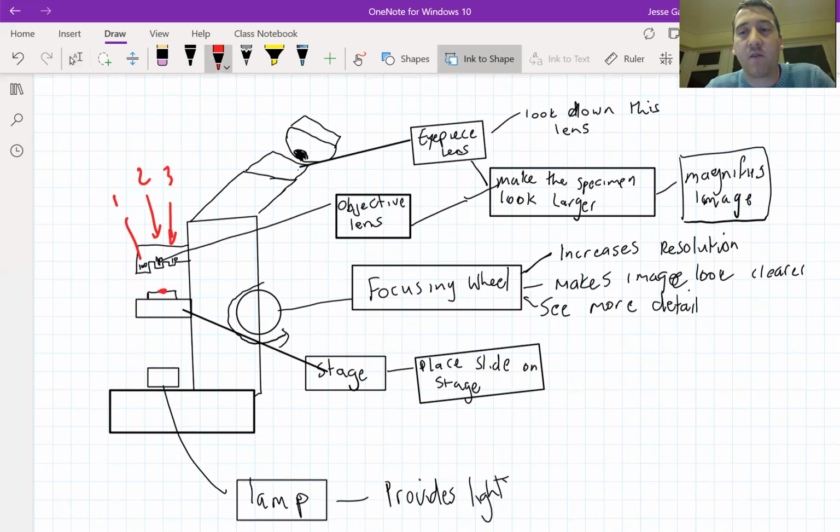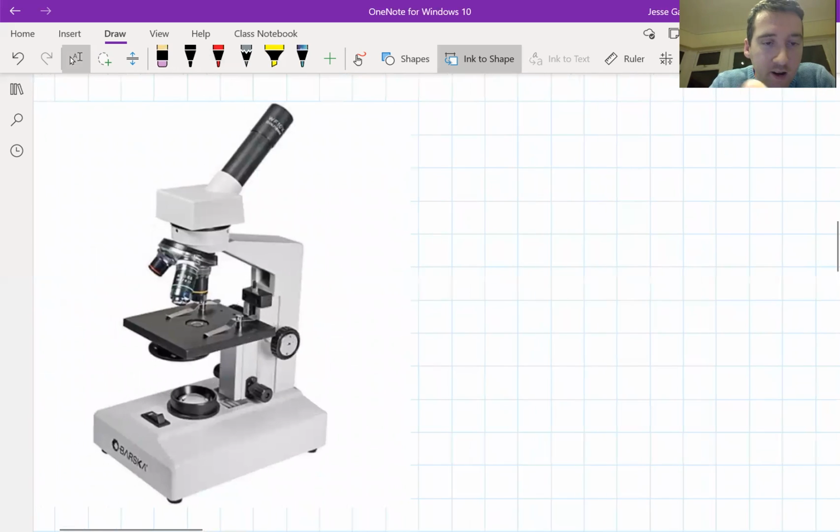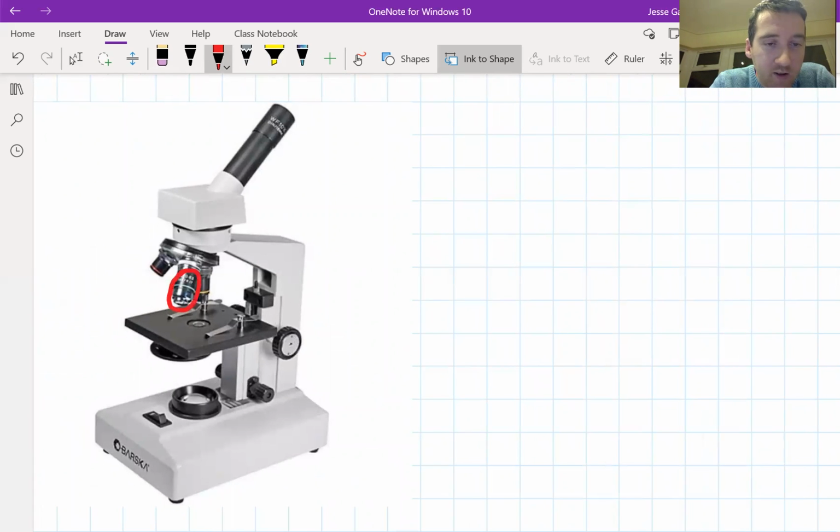Each of these has a different magnification. The one that's 100 is bigger than the one that's 40, and that is bigger than the one that's 10. So the higher the number, the more it magnifies the image. And you can change which one of these is selected if you want to make the image bigger or smaller. Looking up here, as you can see, here are the 3 objective lenses. There is one of them.